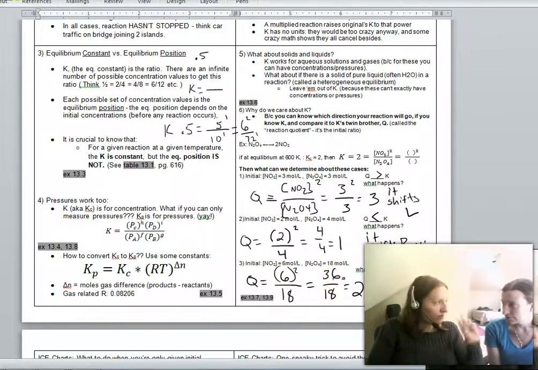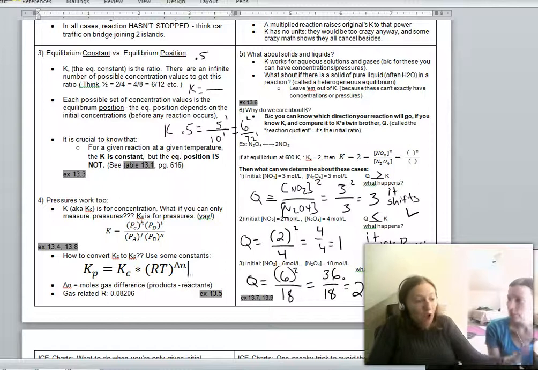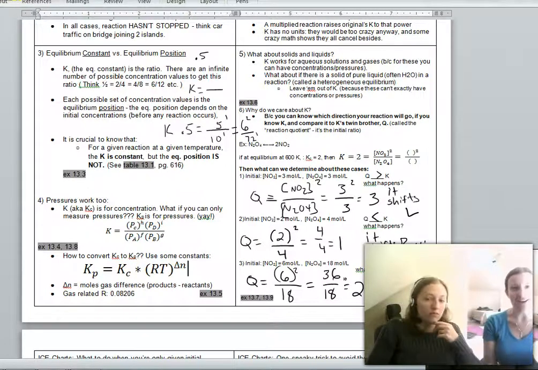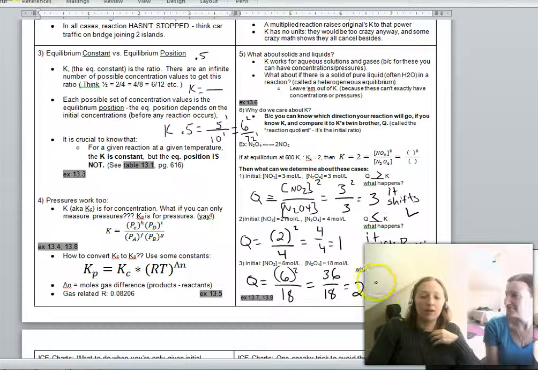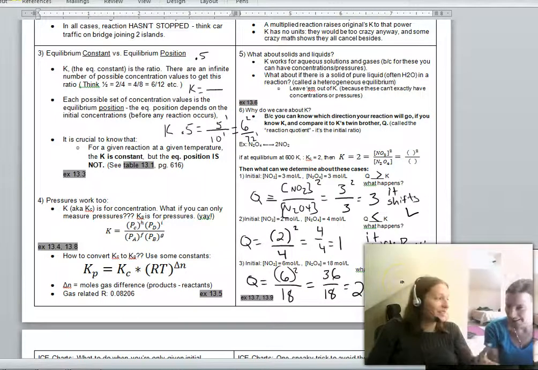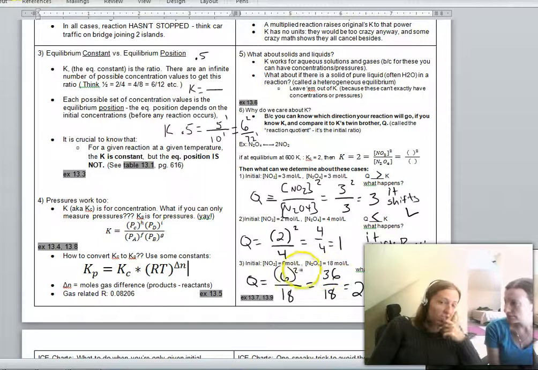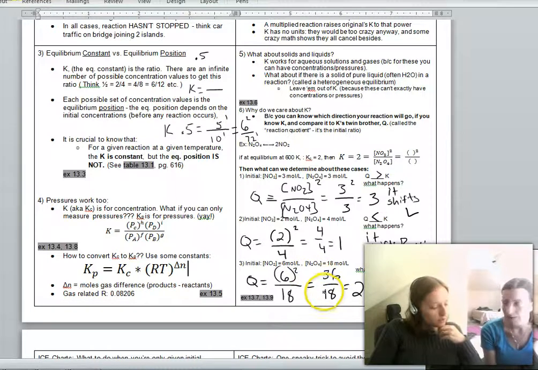We accidentally put the stuff in already in an equilibrium position. Good for us. I know, we're very fancy. Nothing happens. It stays in that situation. You're going to put that stuff in and wait for it to change, and it's going to stay 6 molar NO2, 18 molar N2O4. It's fancy.